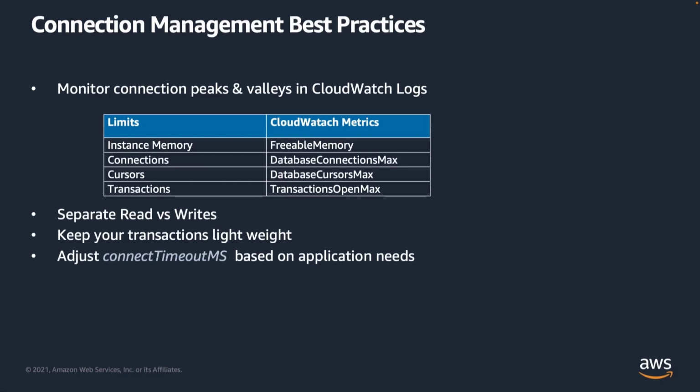Now let's talk about some of the generic best practices around connection management with DocumentDB. As always, it is important to correctly measure the impact of connections on your system. These 4 CloudWatch metrics will cover the ground at a high level. Instance memory is responsible for buffer caches and index caches, and it is also responsible for open connections.